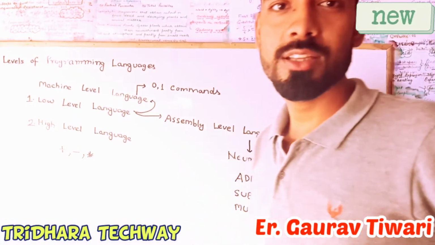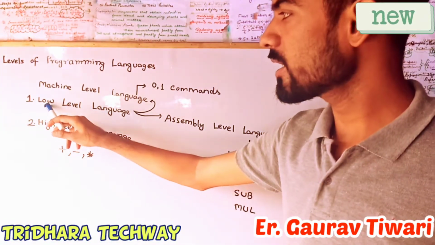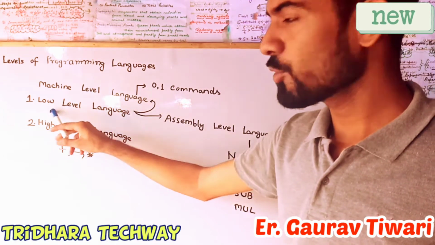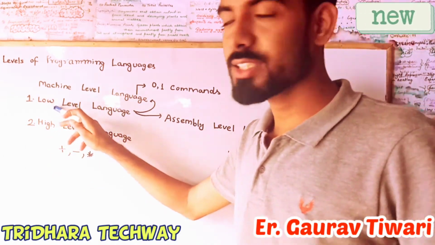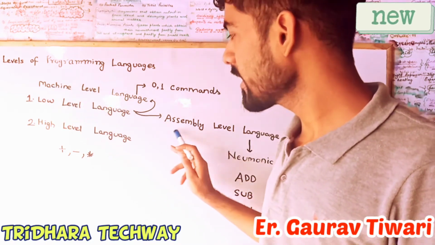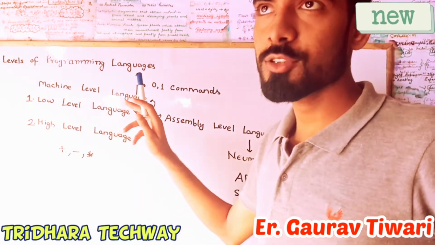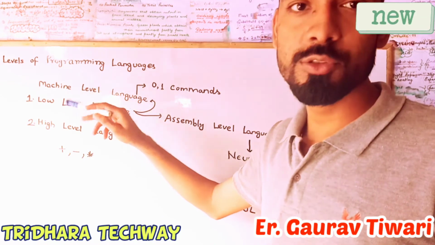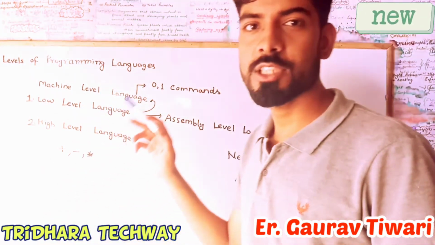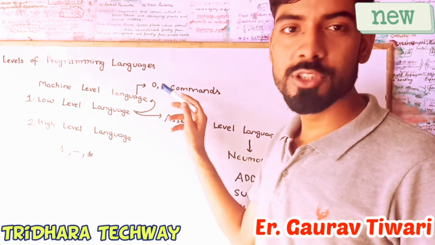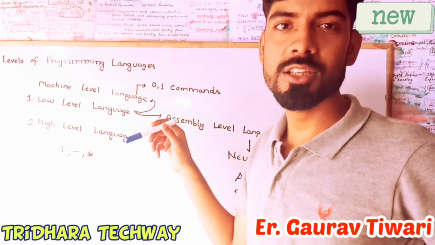So as you can see on the board, here is machine level language, low level language, and high level language. In low level language there are two types: machine level and assembly level. Earlier there was only machine level language in which we used to type the commands in terms of 0 and 1. Suppose you have to write a program for the addition of two numbers.